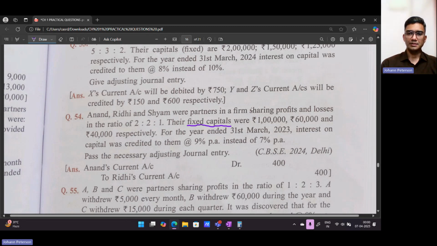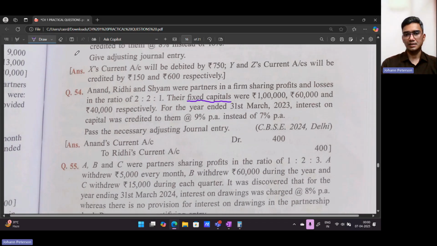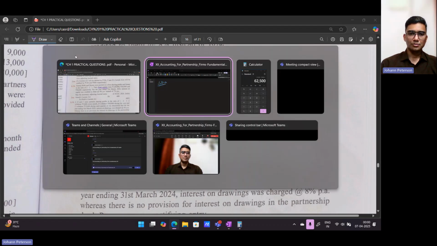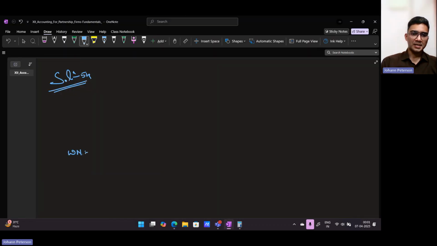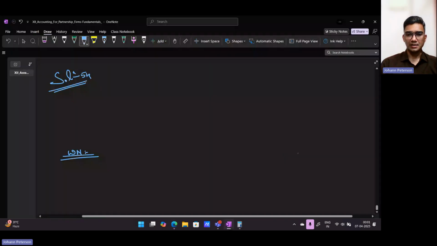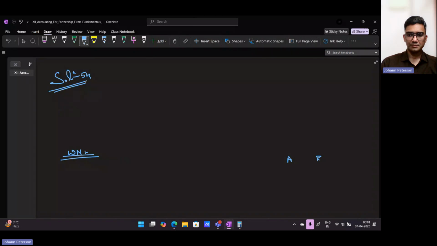So three partners, this is the ratio. Fixed capitals were given also. And we have been told that they have been given interest at the rate of 9% instead of 7%. So when you get interest at 9% instead of 7%, that means you're getting extra interest. So you have A, R, and S as partners.